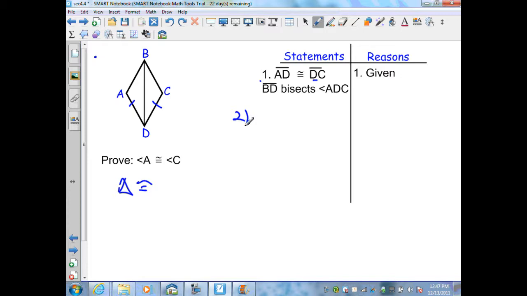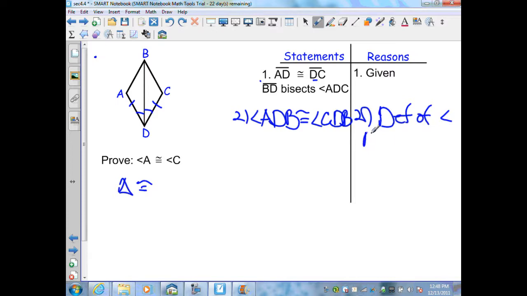Knowing that a segment or ray that is bisecting an angle divides that angle into two congruent angles, I know that angle ADB is congruent to angle CDB. And the reason? Definition of angle bisector.